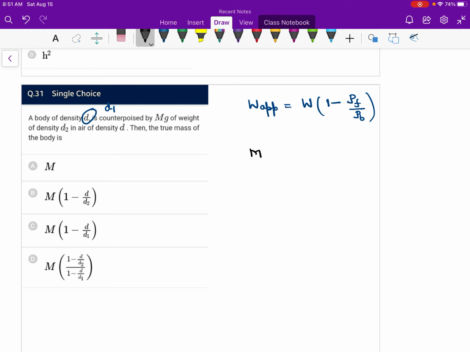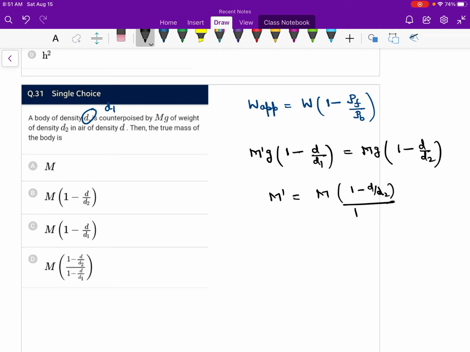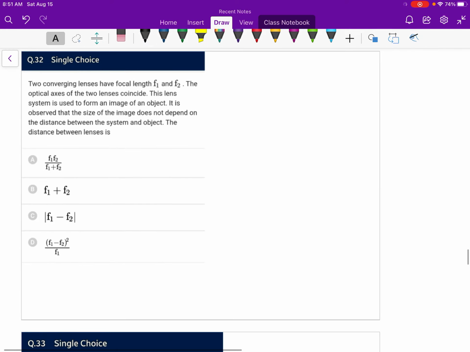So M dash g (1 minus d upon d1) is equal to M g (1 minus d by d2). So M dash is M (1 minus d by d2) upon (1 minus d by d1). So this is the correct option, D.